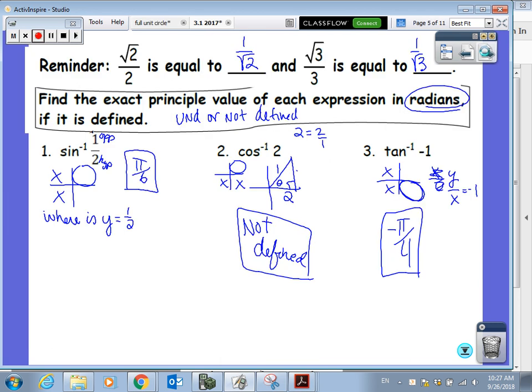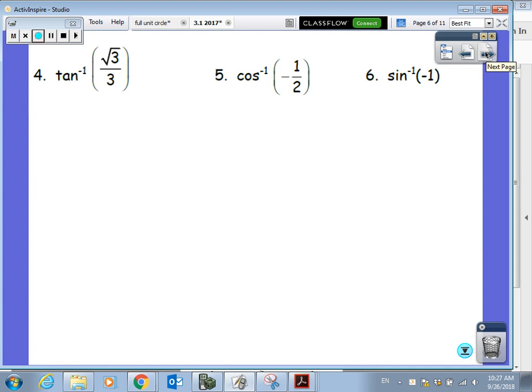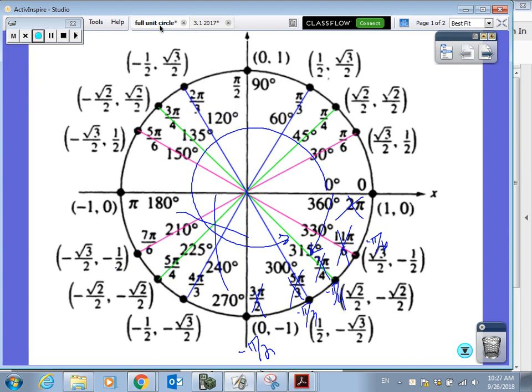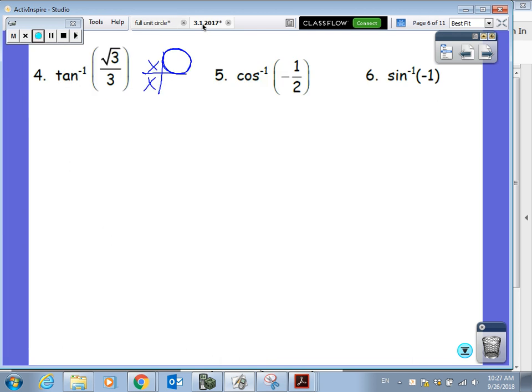All right, next one. Inverse tangent of root 3 over 3. So, restrictions. We can be in 1 or 4. Because it's positive, we're in 1. So, root 3. When we look at our unit circle, we don't have a root 3 over 3. But remember, tangent is y over x.